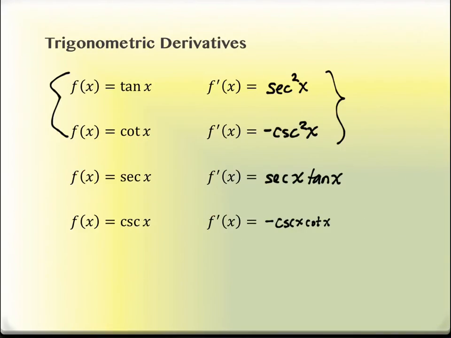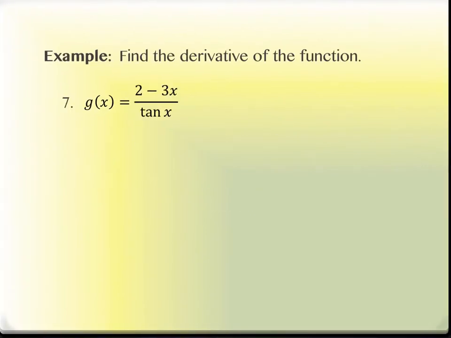So over here, we're going to do this problem using that rule. So g prime of x starts out by doing what? Writing the denominator, yes, which is tangent of x. Then I need the derivative of the numerator, which is -3.